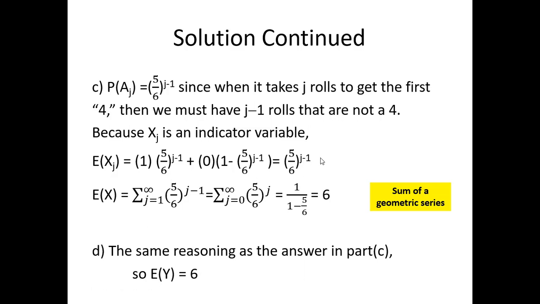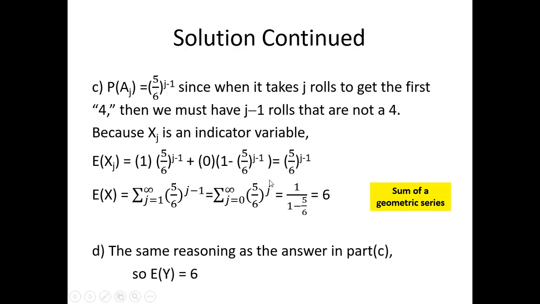Now, we know that E of X is the sum of probabilities that look like this. So, sum from j equals 1 to infinity of (5/6) to the j minus 1. We could change this around a little bit and rewrite this as the sum, j goes from 0 to infinity, of (5/6) to the j. Why do you want to do that? Because now we have this as a geometric series.